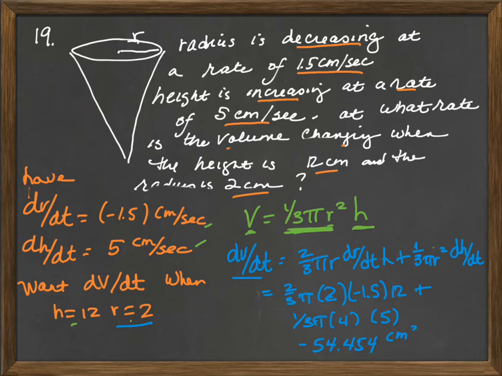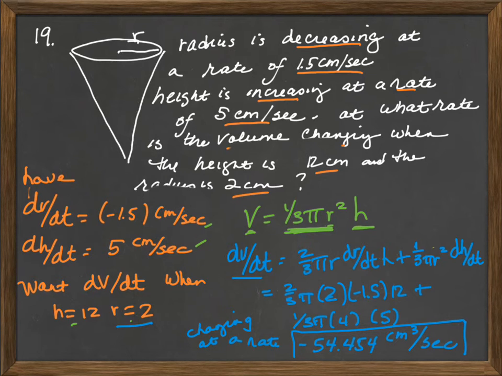So centimeters cubed per second. Negative 54.454 centimeters cubed per second. You could say it's changing at a rate of that using the negative, or decreasing using the positive. So that was number 19.